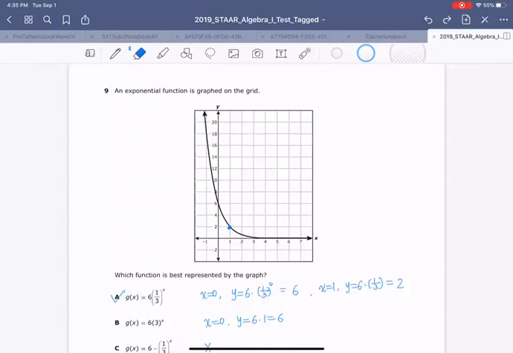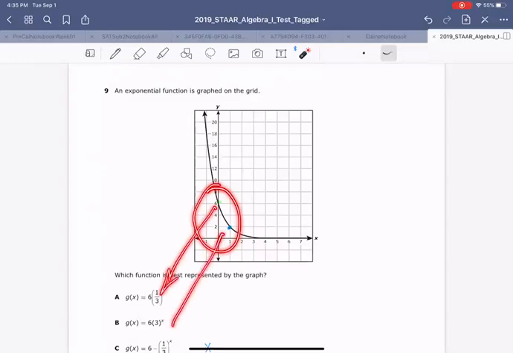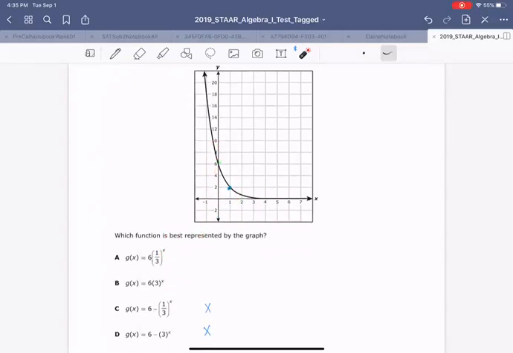Number 9. This is time to let you check. You have a point over here and a point over here, so you want to see these two numbers plugged into those equations. Which one is the correct one? X and Y, you can choose 2 points. One is this point, 0, 6. The other is 1, 2.